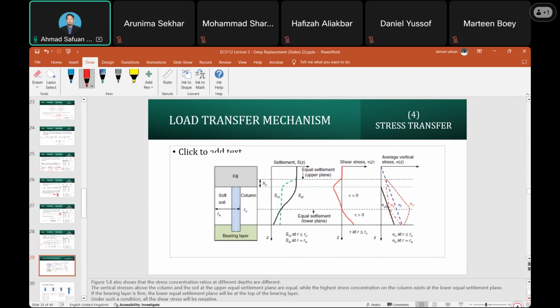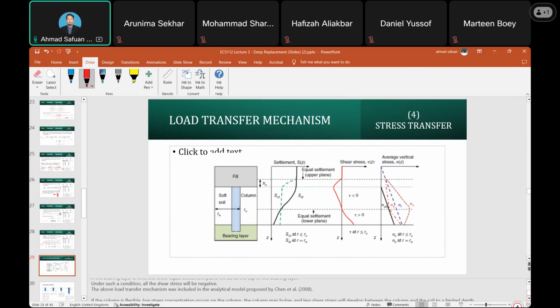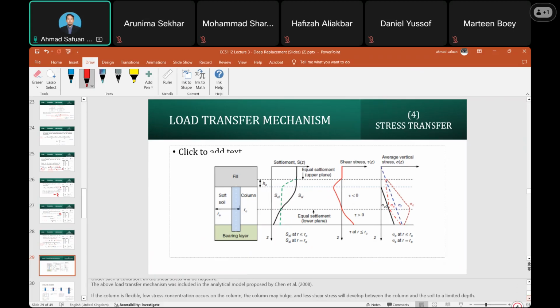If the bearing layer is firm, the lower equal settlement plane will be at the top of the bearing layer. Under such a condition, all the shear stress will be negative. The above load transfer mechanism was included in a numerical model proposed by Chen.